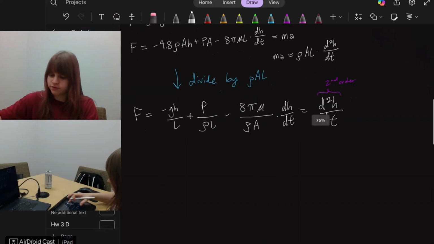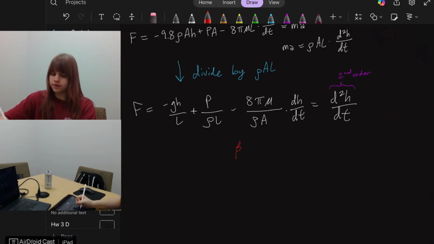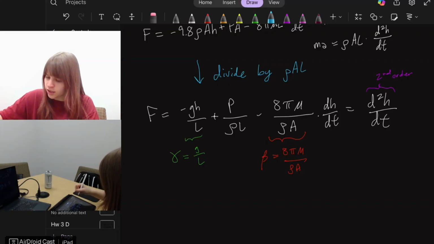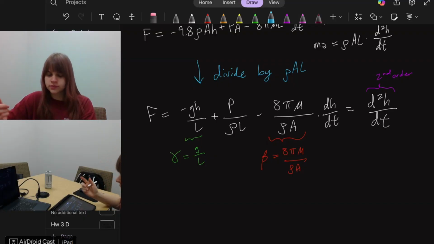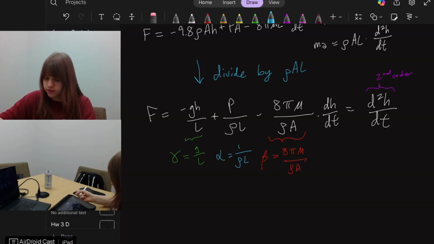And for ease of writing this out, I'm going to set a beta value equal to 8 pi mu over rho A. I'll also set another variable, gamma, equal to G over L. And I think we want to also do one for 1 over rho L, and let's call that alpha.